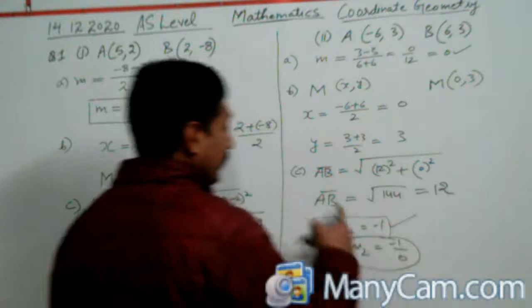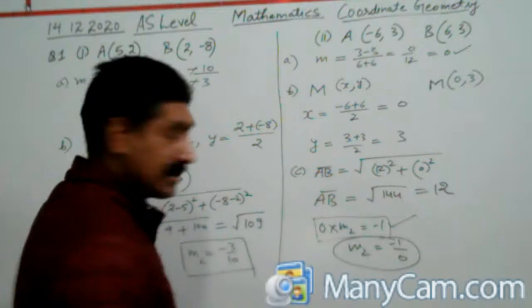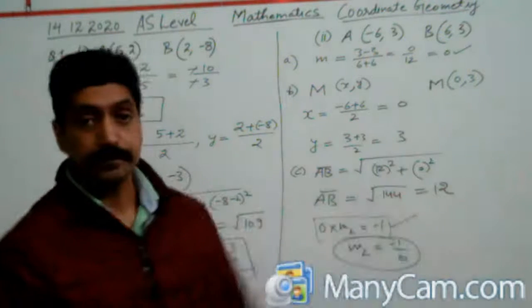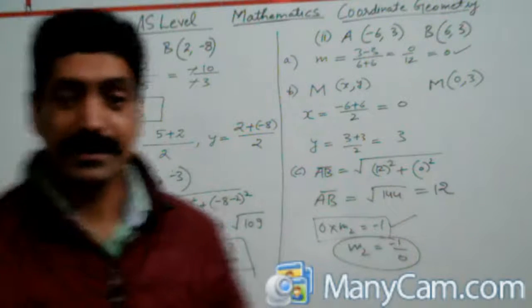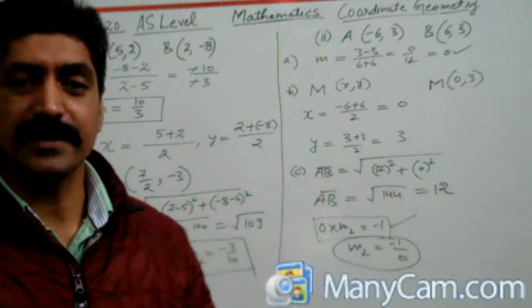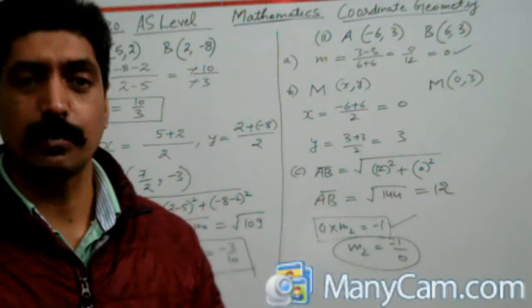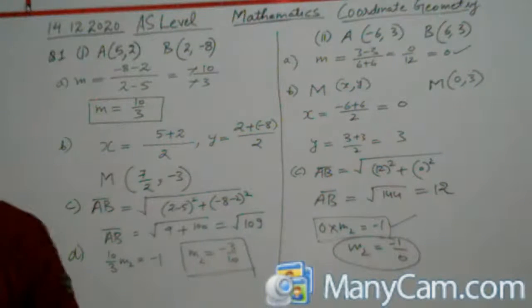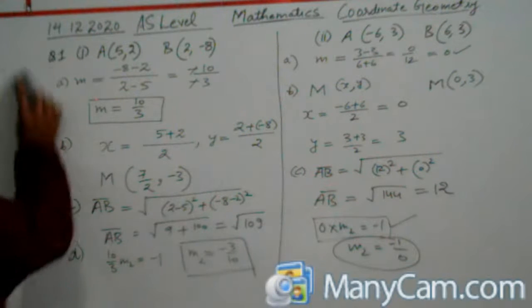So the slope of line AB is 0, that is parallel to the x-axis. So the perpendicular has infinite slope, right? So this is about the first question. Come to the second question.